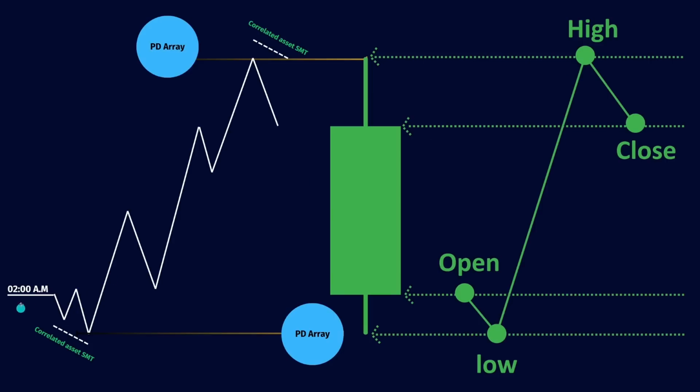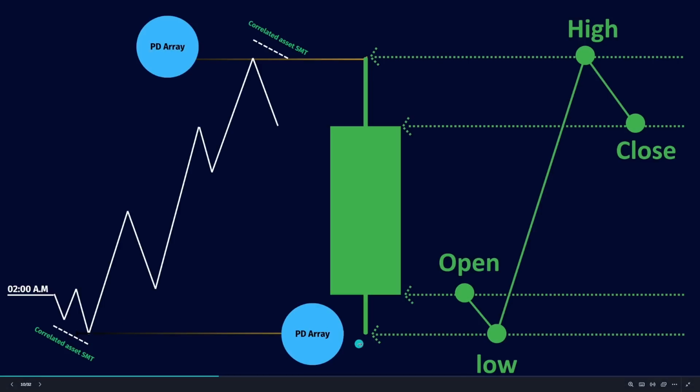So here on the left, you can see the opening, 2 a.m. It's the same opening here, and when price moves to print the week low, at the same time price is looking for one PD array on a higher time frame.